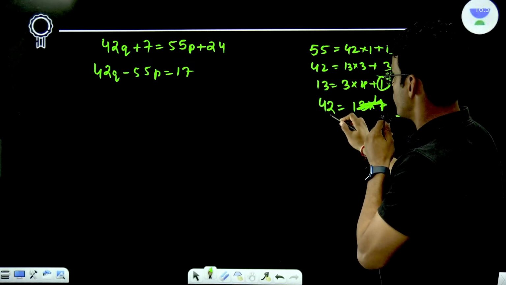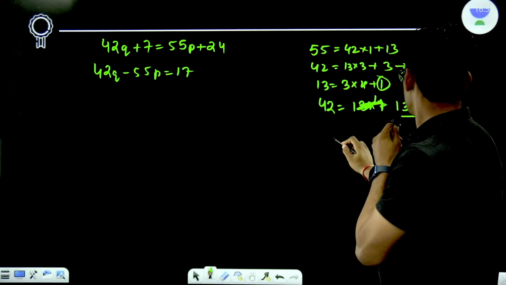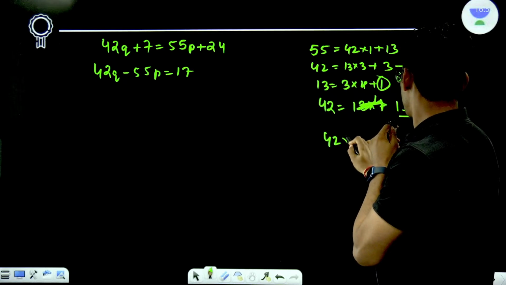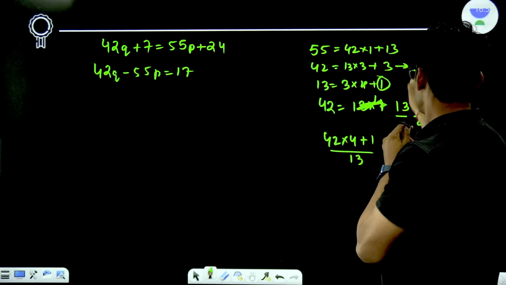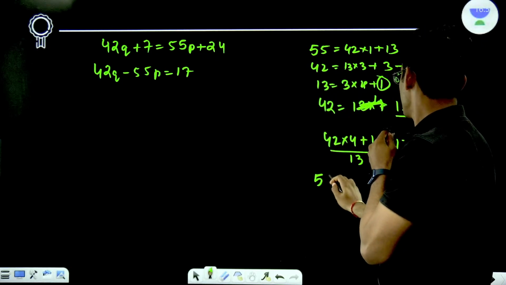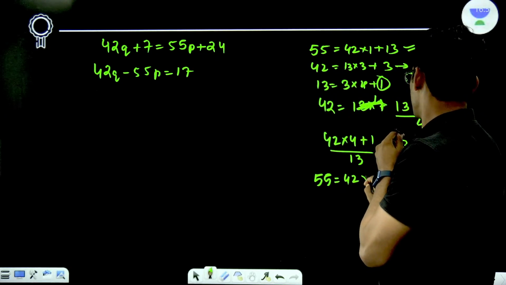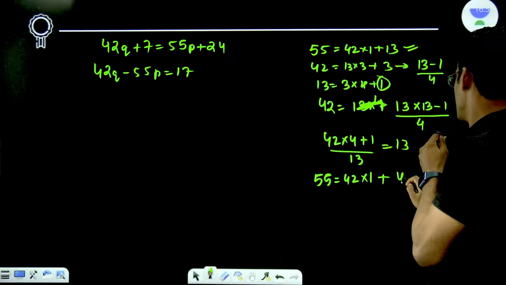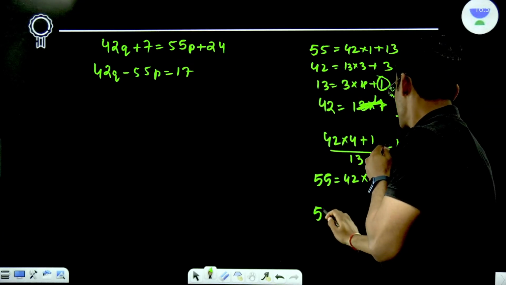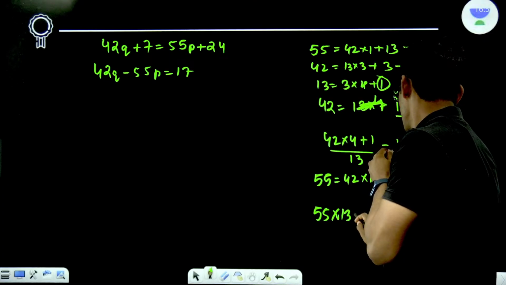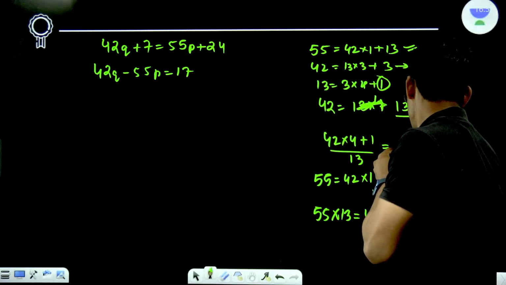Then do I need 42? Yes, of course I need it. So 55 equals 42 times 1 plus 13, and this becomes 55 times 13 equals 42 times.